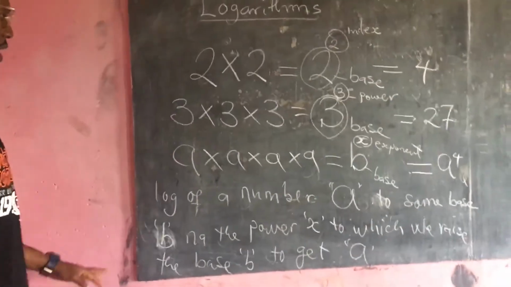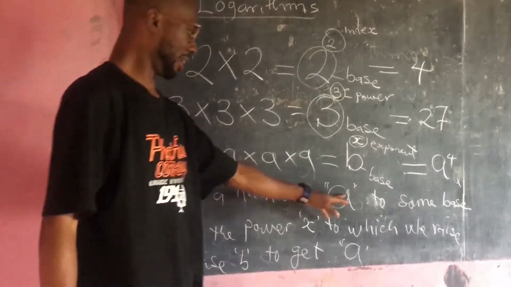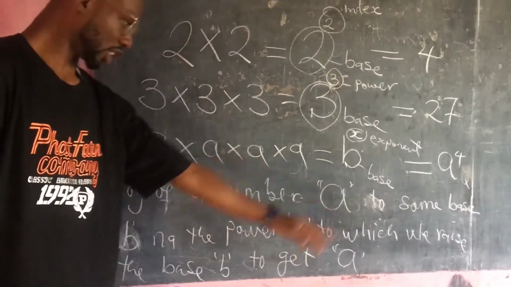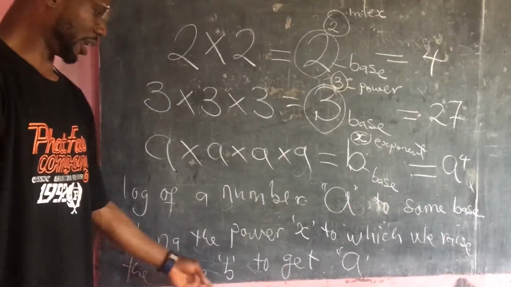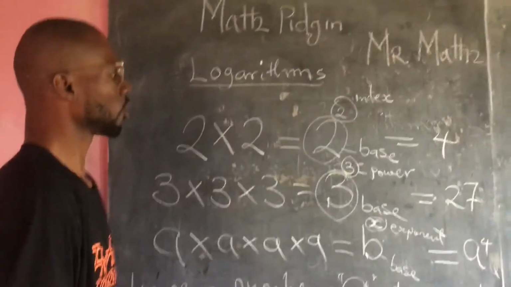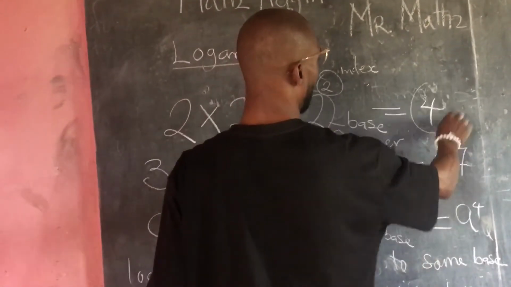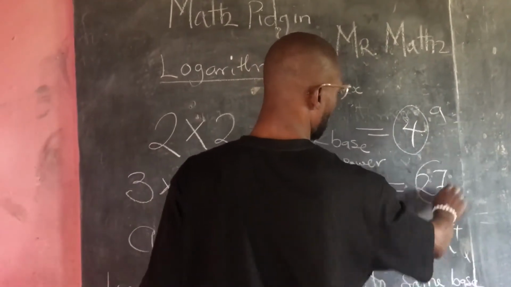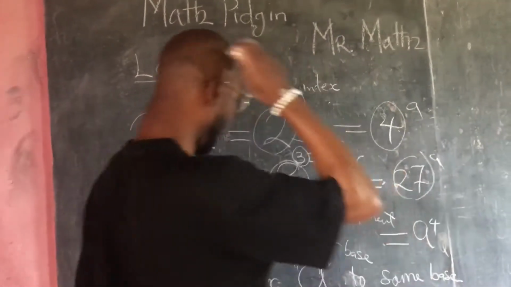So now, log of a number a to some base b, now the power x, to which we raise the base b to get a. Example for this one now. So our result for here now 4. So this 4 now be our a. This one now be our a.